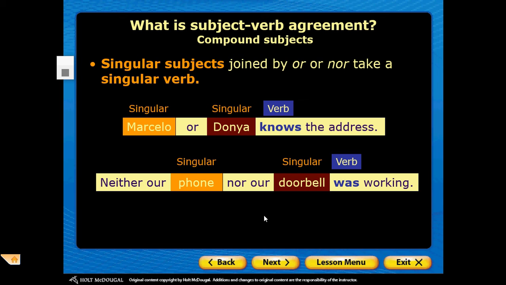Because nor is more like or, so it's one of them. And both subjects haven't done the action. Have you noticed here? Because I'm negating, I'm denying that the two subjects have done the action.